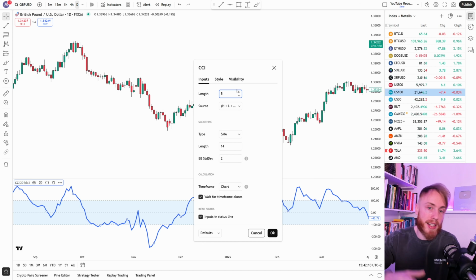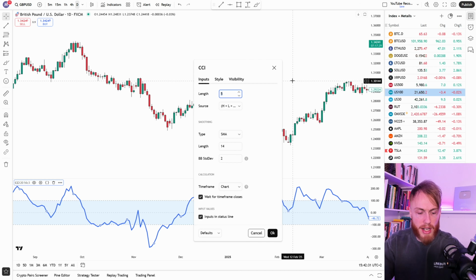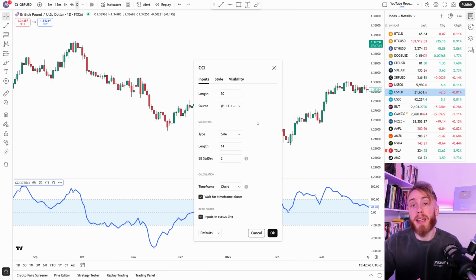So I would say the range between 5 and 10 could be the best if you're day trading or scalping, especially if you are trading only a few candles at a time. But the opposite is also true. If you are more of a long-term trader, maybe even an investor, using the CCI, you might want to adjust the length all the way up towards 30 plus. This will make the CCI react slower, but at the same time you can get more reliable signals.